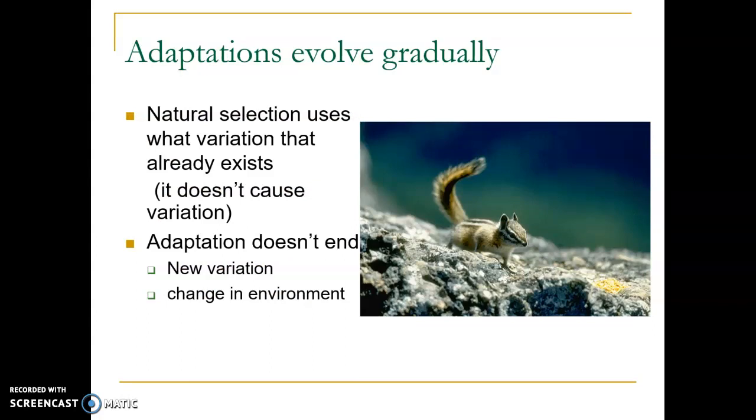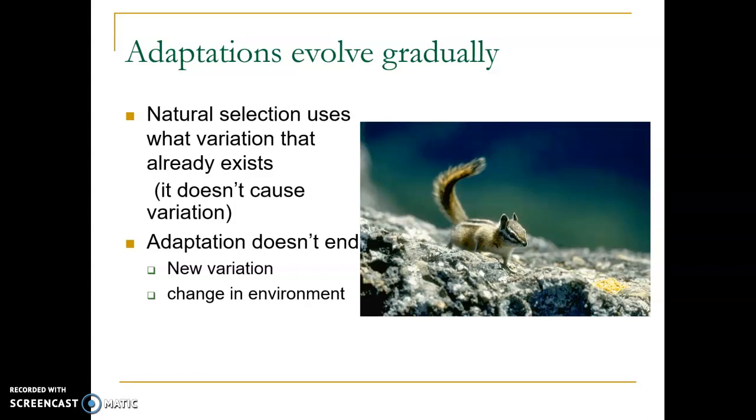All right, adaptations evolve gradually. We know that natural selection takes many, many generations, sometimes thousands and millions of years, to make an effect on a species. But natural selection uses the variation that's already there. It's not like an animal can go, ooh, it's cold out now, I wish I had thicker hair, and boom, it would have thicker hair.